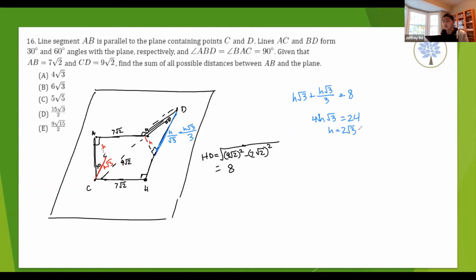But we're not done, because it asks for the sum of all possible distances between AB and the plane. And if we look closer, then the point C can actually be somewhere over here and still make a 30-degree angle. Sorry, not 60 degrees, 30 degrees.